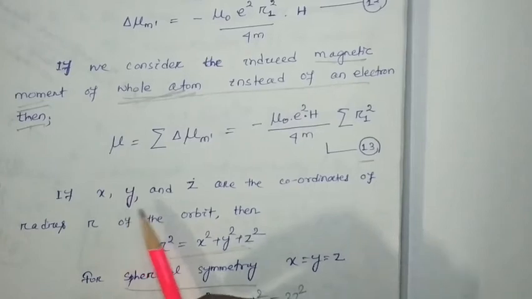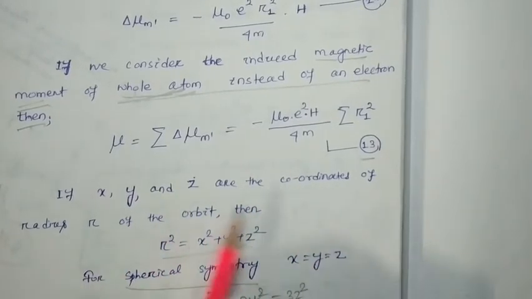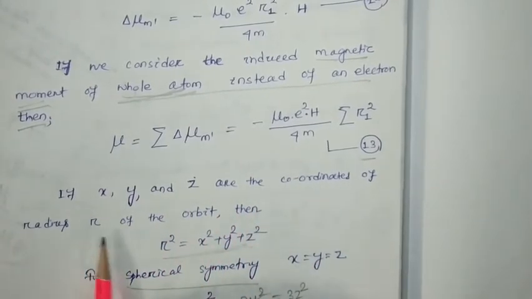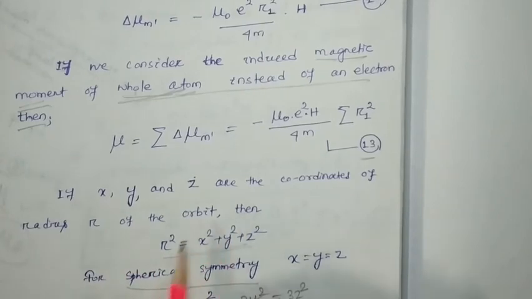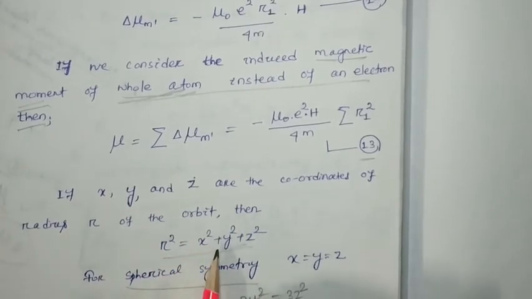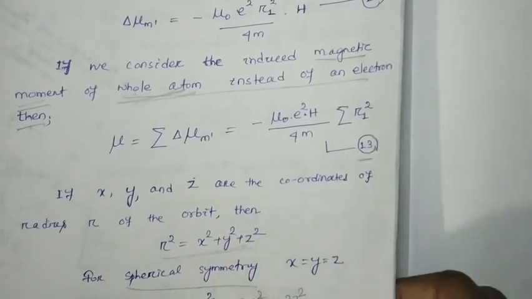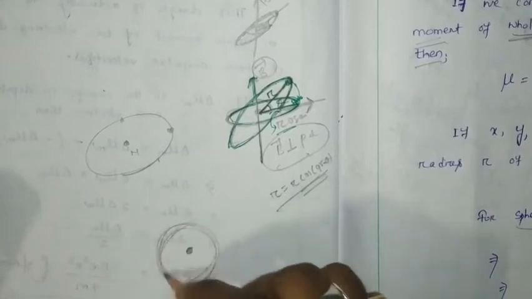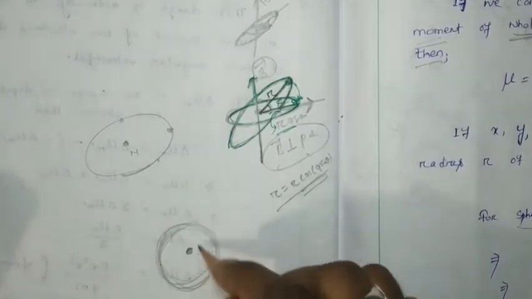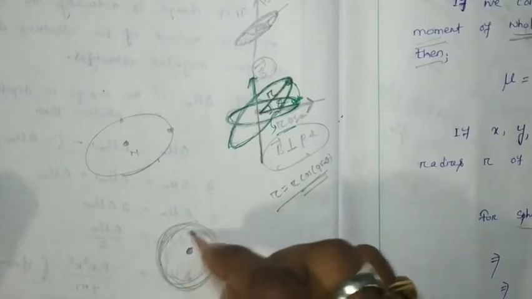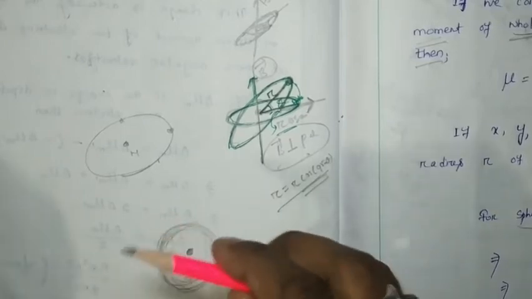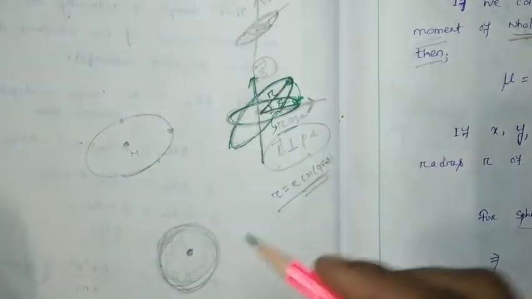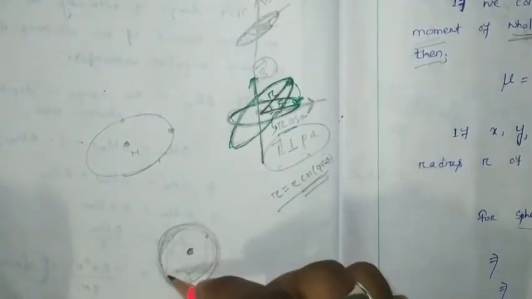If x, y, z are the coordinates of radius r of the orbit, then r square is equal to x square plus y square plus z square. Suppose we consider that the nucleus is here, and this is the spherically symmetrical path on which the electron is revolving, right?